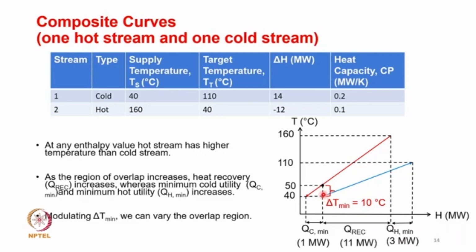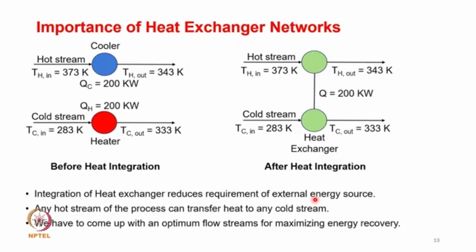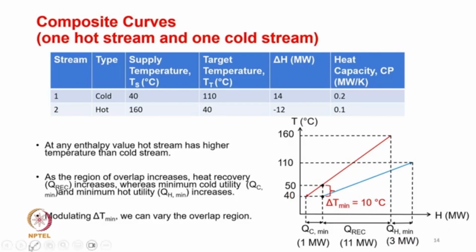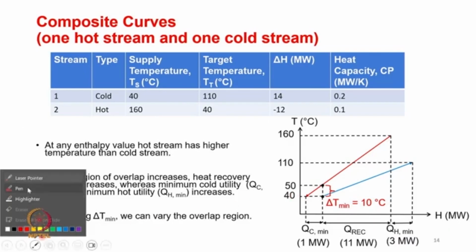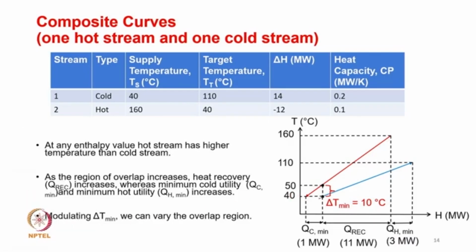You can see that by changing the delta T minimum, you can actually change the overlap. So, let us say this blue curve extends over here, you can see that the delta T minimum has changed. Now, the delta T minimum is further smaller, and the region of overlap has increased.